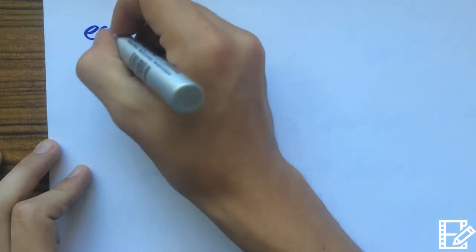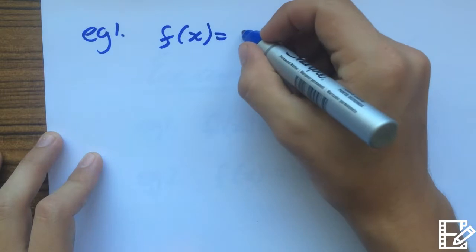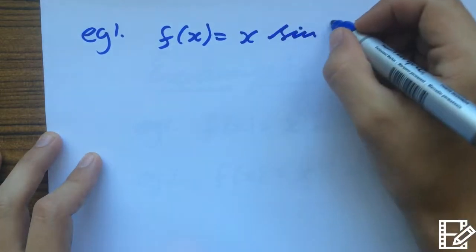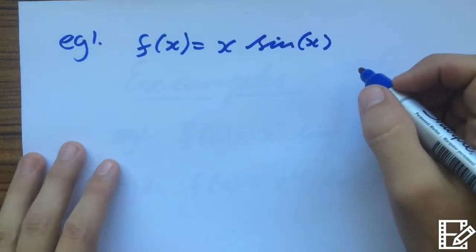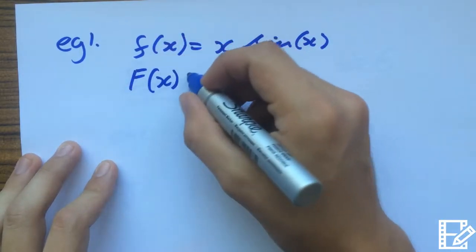So let's start with example 1, which is f(x) equals x multiplied by sine x. Simple, nice and easy. So we find the integral of both sides.